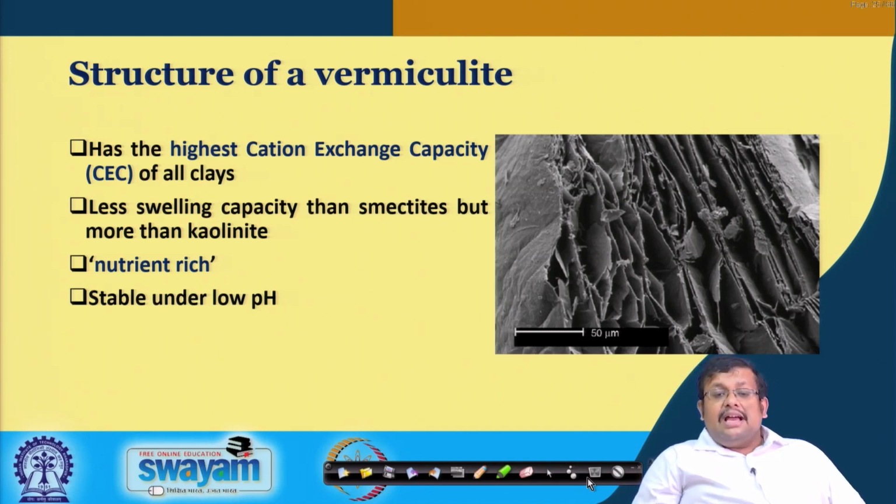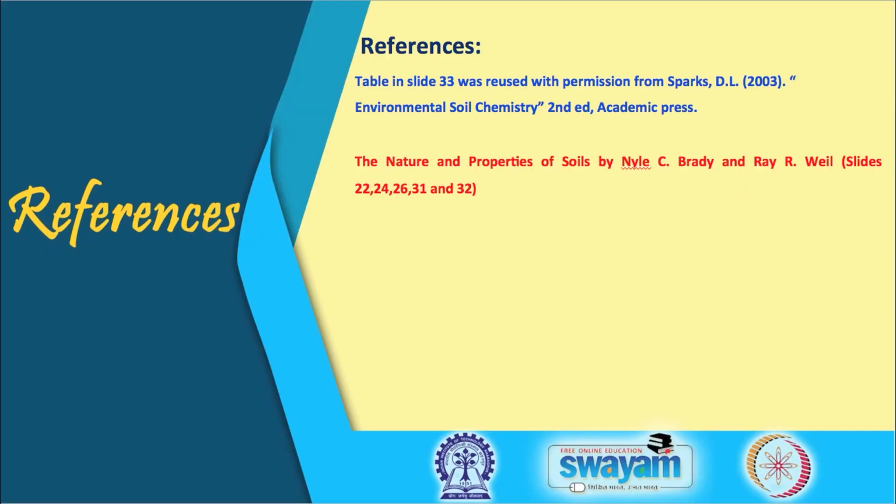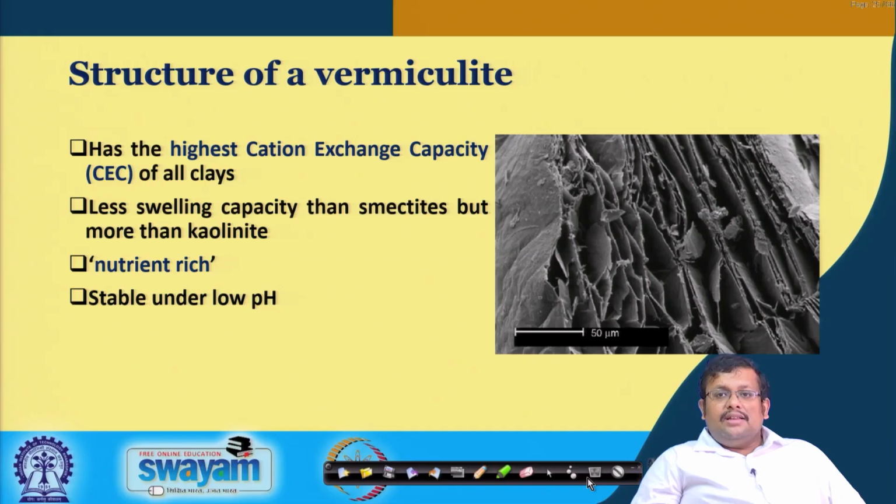We also saw how cation exchange capacity varies depending on the structure of different clay minerals. I hope you found some useful information in this lecture. Let us meet in our third lecture of week 5 to discuss other aspects of ion exchange phenomena in soils. Thank you very much.